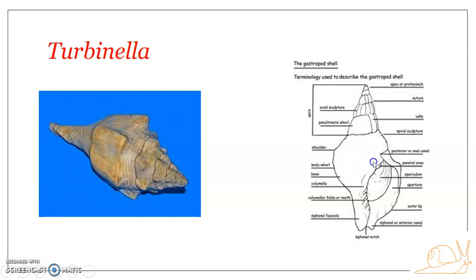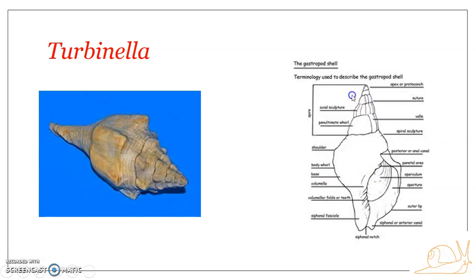This is the main body whorl, which is the largest one. This opens to the outside and it is covered by the operculum. The aperture is covered by an operculum, right? Now, this is about the shell. It is spirally coiled, has a long siphonal canal, and is provided with several folds on the inner margin, and the shell whorls are coiled around the central axis.